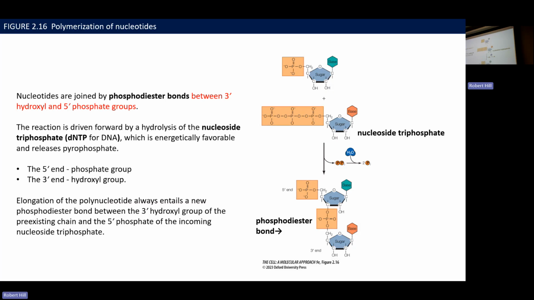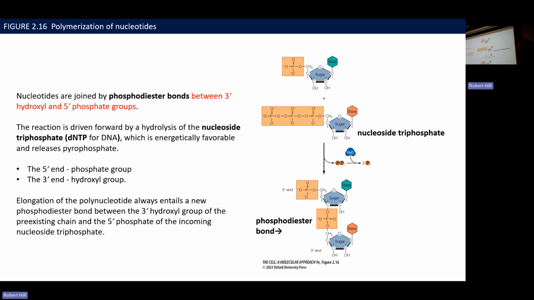A phosphodiester bond only has 1 phosphate in it, but what it's adding on to the molecule, the nucleoside, comes from a dNTP, which is right here. Having those 3 phosphates attached provides enough energy to make this reaction energetically favorable.